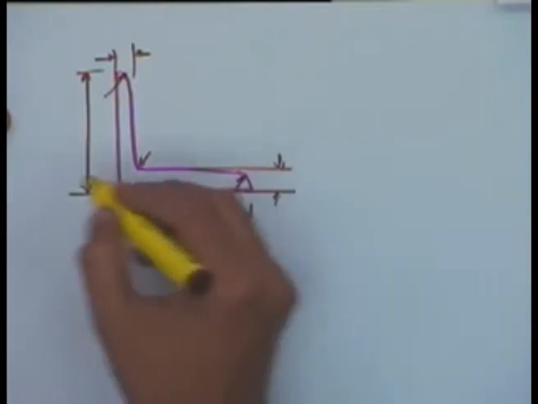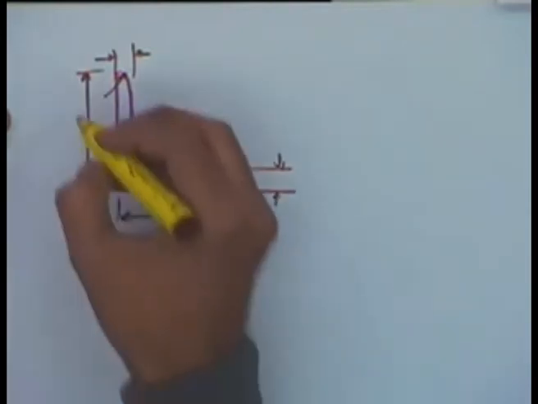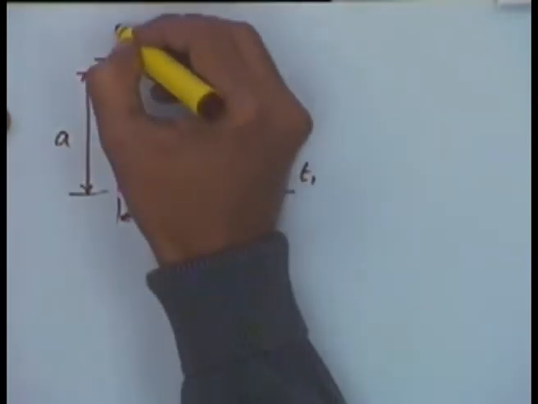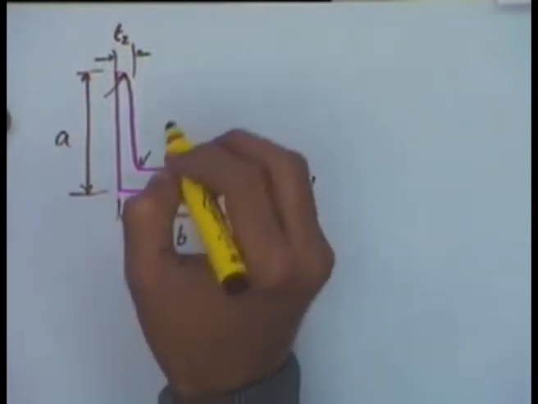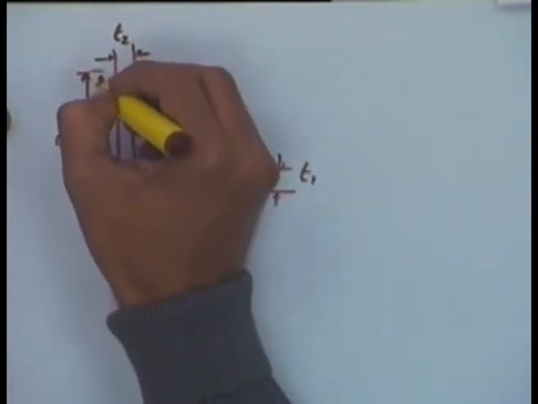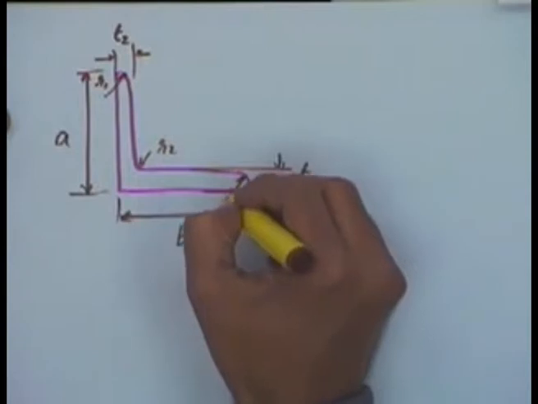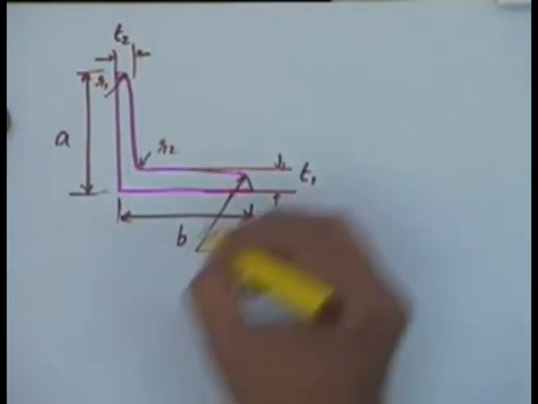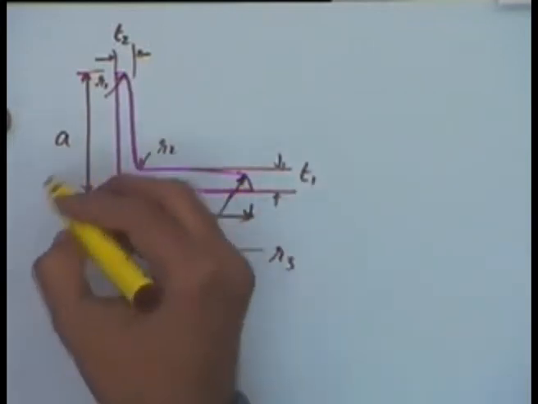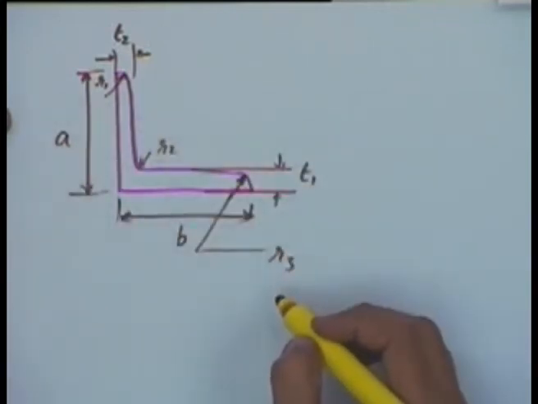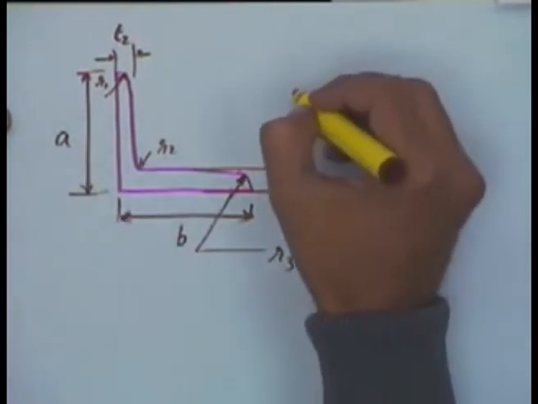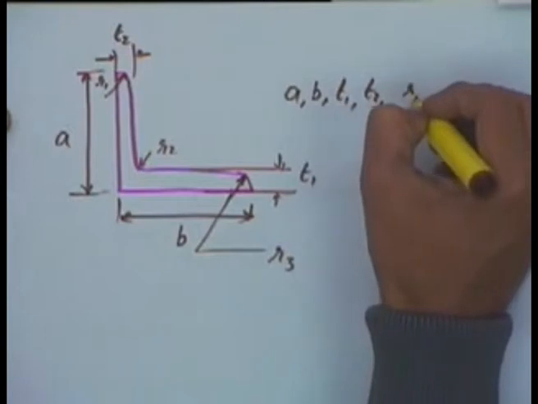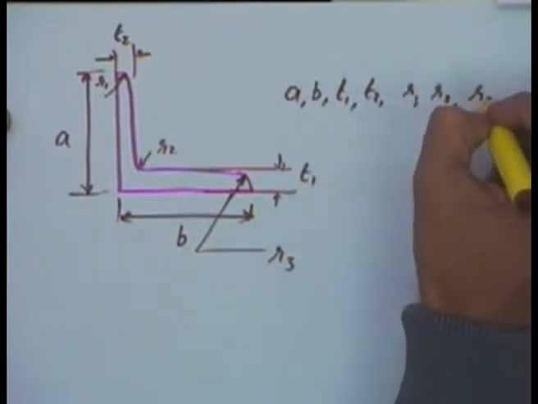And these primitives will have certain parameters. Let's say this is A, I call this B, I call this, let's say, T1, this is T2, let's say this is R1, R2, let's say this is R3. So we define these parameters, and this primitive is defined by the help of these parameters A, B, T1, T2, R1, R2 and R3.